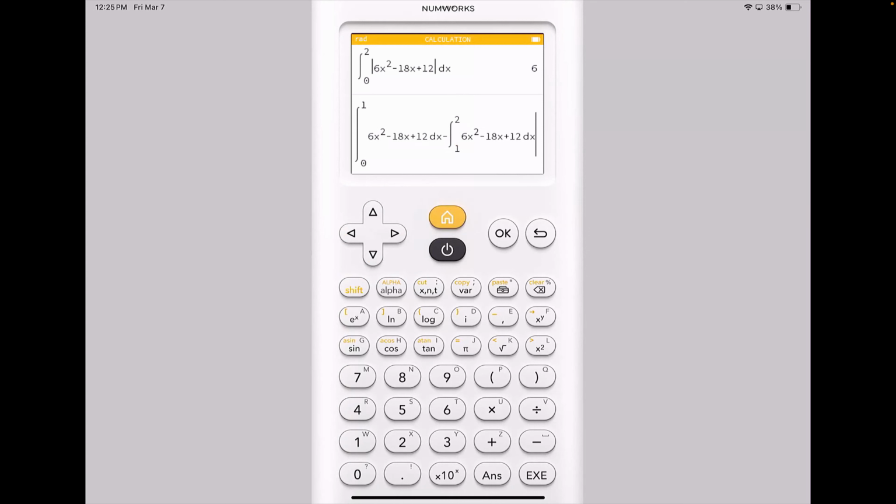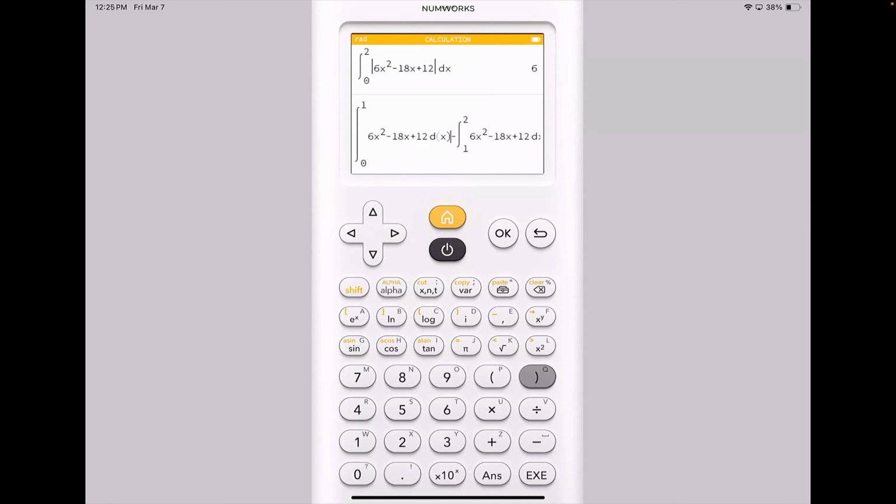Okay. What did I do wrong? What did I leave off? I must have left off something. Oh, syntax error. What did I leave off? Minus. Oh, let me see. I probably should be parentheses.